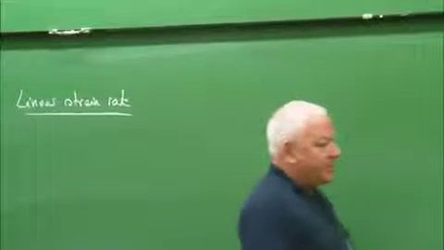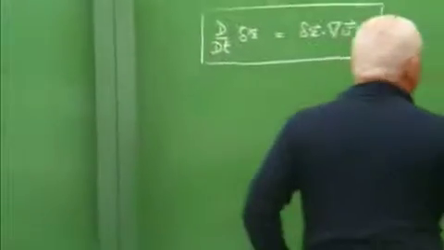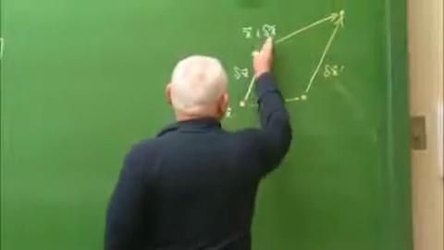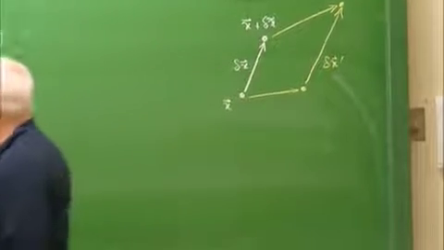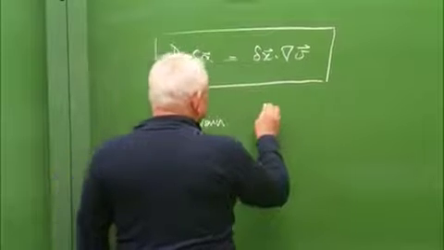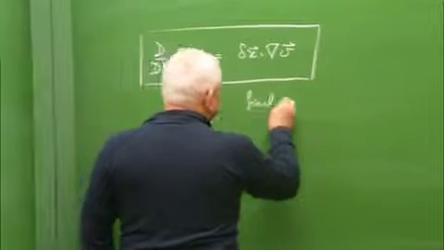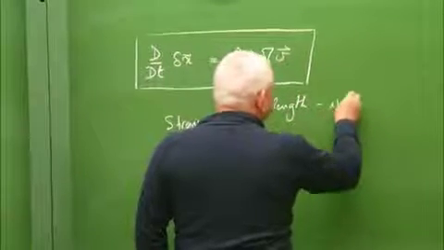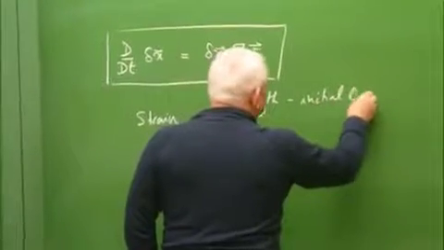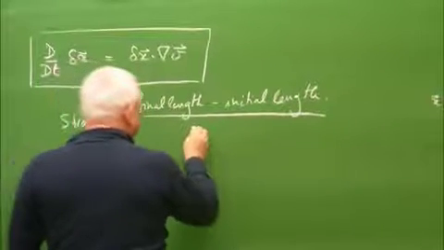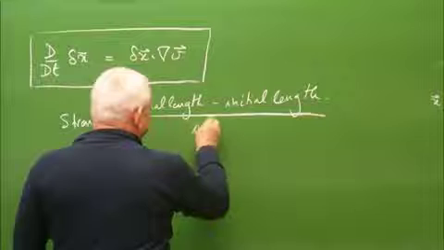Let me refresh your memories as to what you define to be the strain. Here we're interested in, if you like, the material that joins the 2 points, and the strain in elementary physics is defined as the final length minus the initial length divided by the initial length.